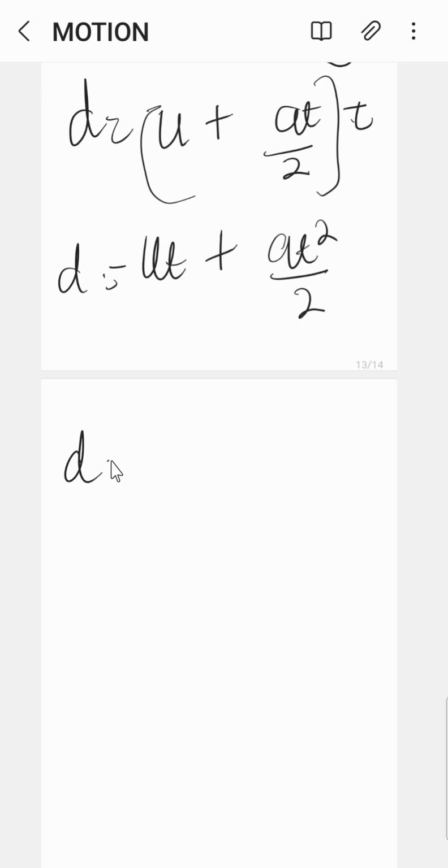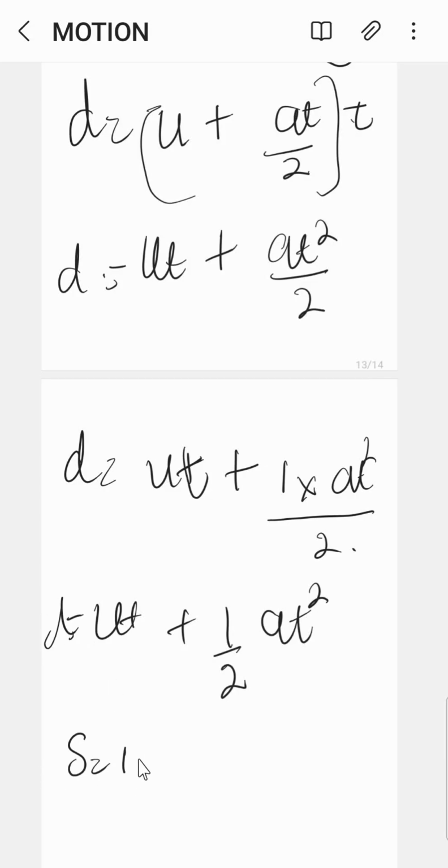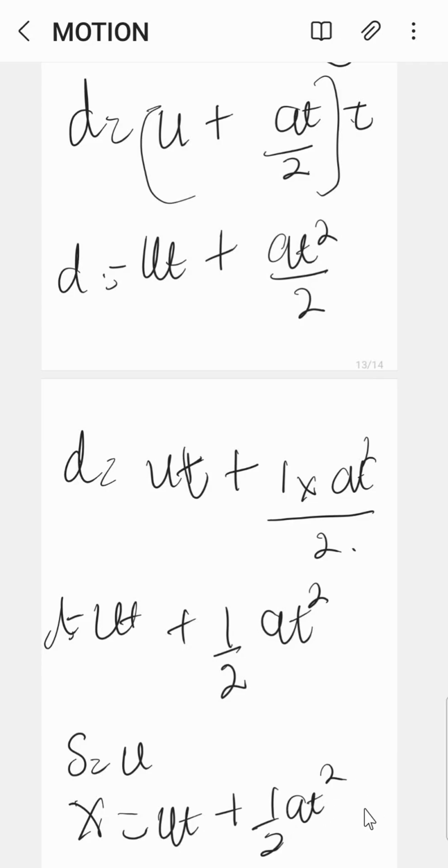So d is going to be ut plus, since you can isolate the 2, because this just simply means 1 multiplied by at squared over 2, which you can write as ut plus half a t squared is equal to d. And so d, which can also be written as s or x, will denote ut plus half a t squared.